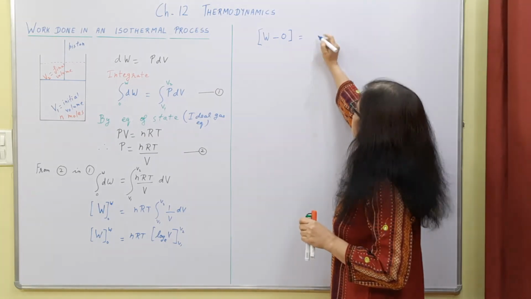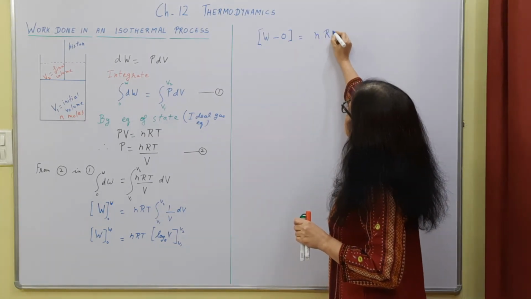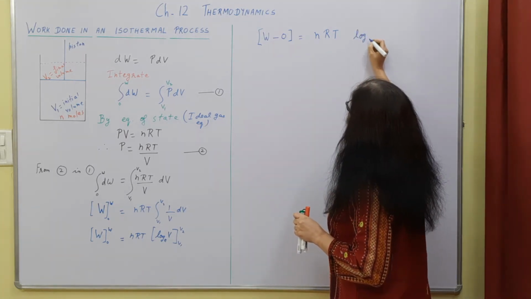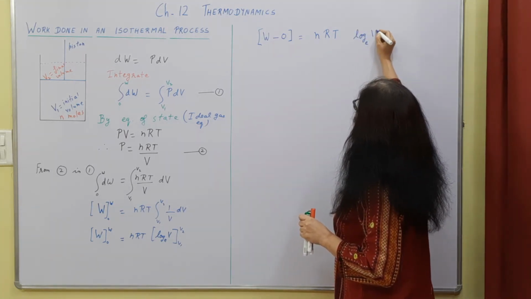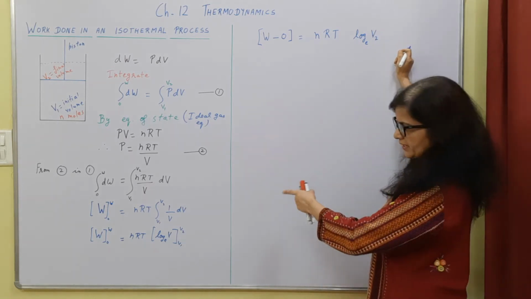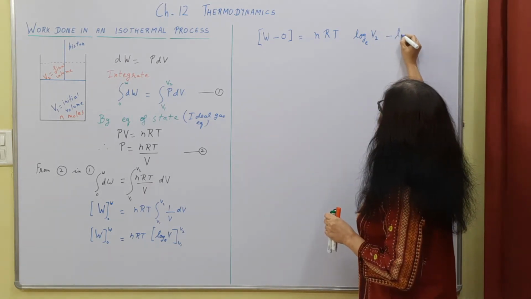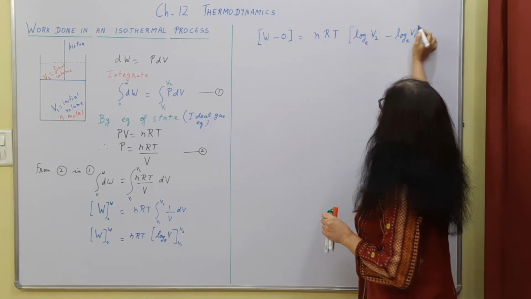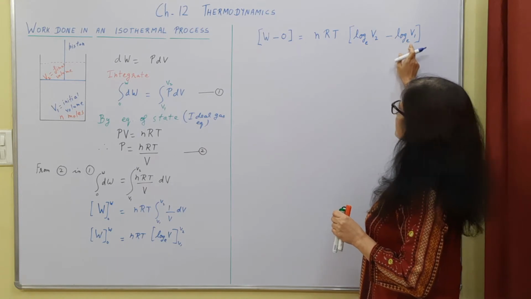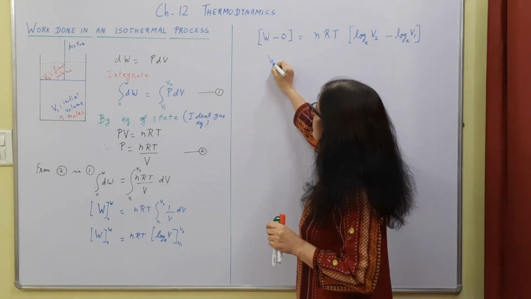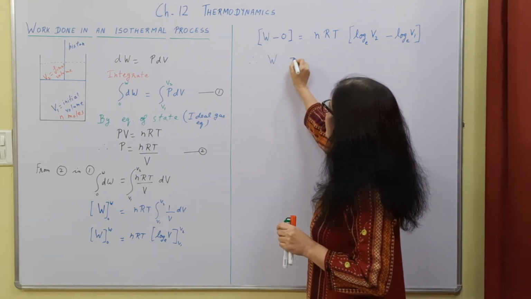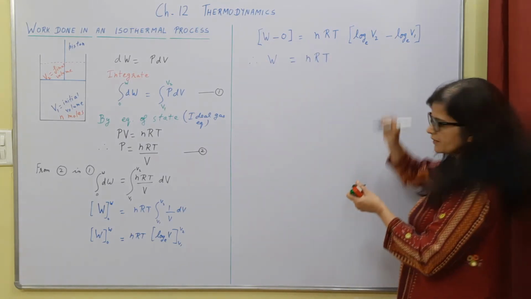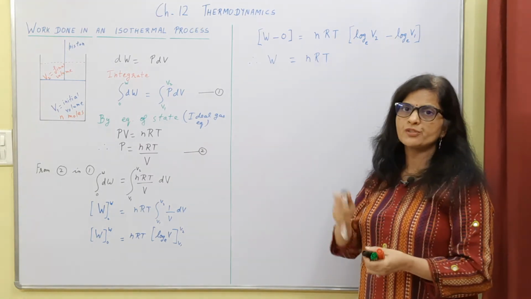Now here nRT, this is log base e V2 because I have placed the upper limit, minus log base e V1. So upper limit value minus lower limit value. This left side will be W. This is nRT. Now this can be written as log V2 upon V1.